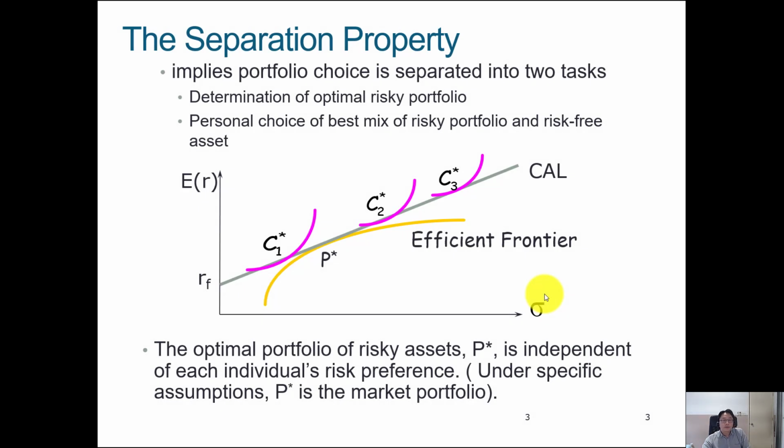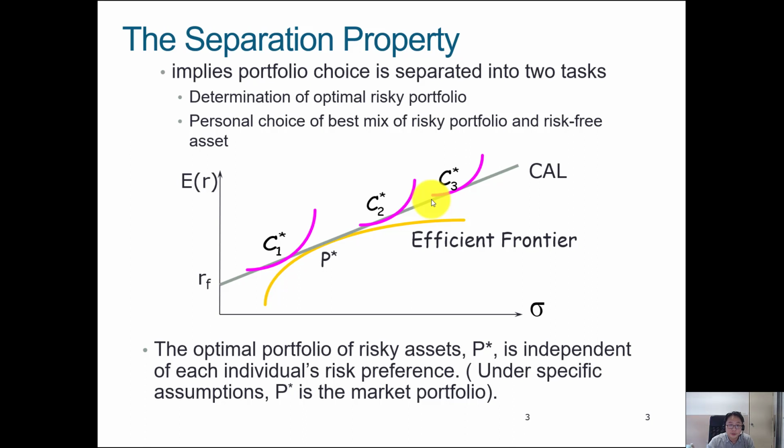Okay, so before we get started, I'd like to talk about the separation property. What is the separation property? It basically implies that portfolio choice, which means your choice of the best investment portfolio, can be separated into two different tasks.